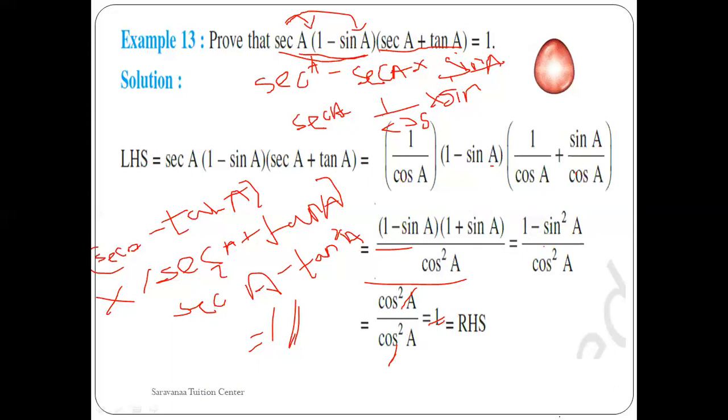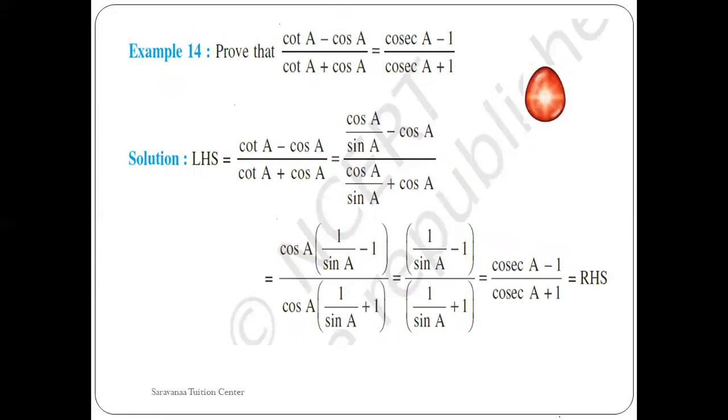Okay. So example 14. Prove that cot A minus cos A by cot A plus cos A equals cosecant A minus 1 by cosecant A plus 1. So you need to change cot A into cos by sine. Okay, you need to change cot A as cos by sine.